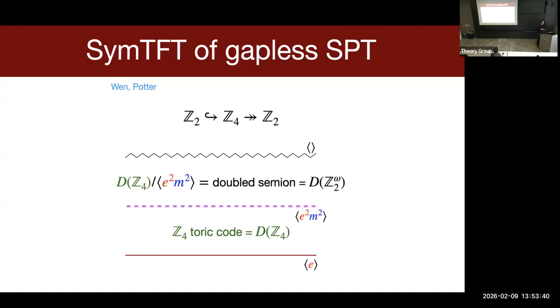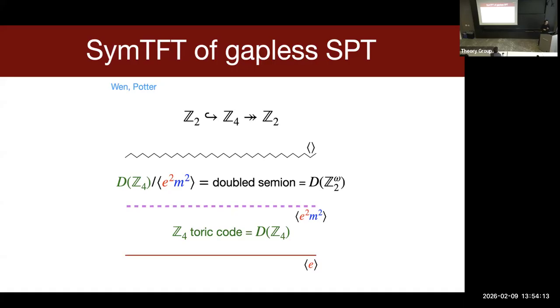So the idea is to enforce that in the low energy there's a Z2 subgroup that acts trivially. The way to enforce that is by doing some kind of partial anyon condensation. So instead of condensing anyons such that the entire theory is totally trivialized, I'm going to condense some smaller amount of anyons that leaves some topological order left over after condensing.